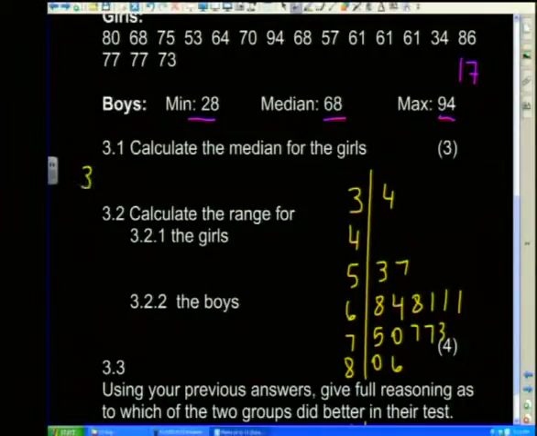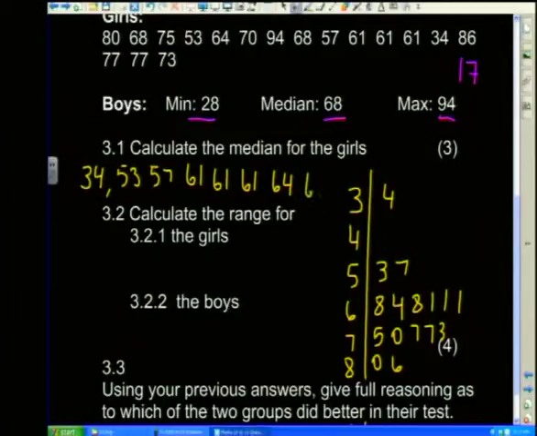So I've got 34, my next number is 53, 57, 61 three times. Don't forget to add all of them. 64, 68.